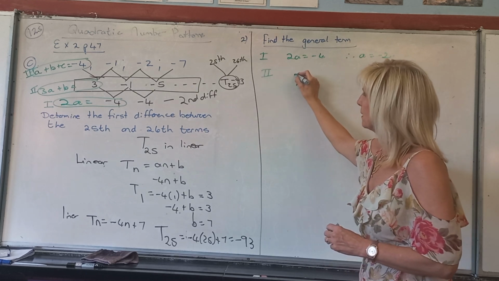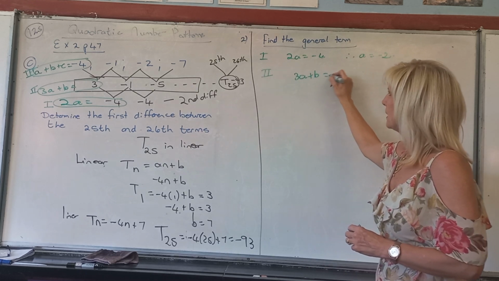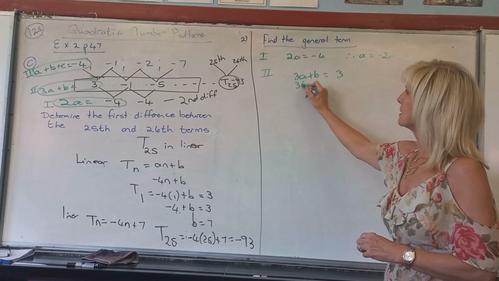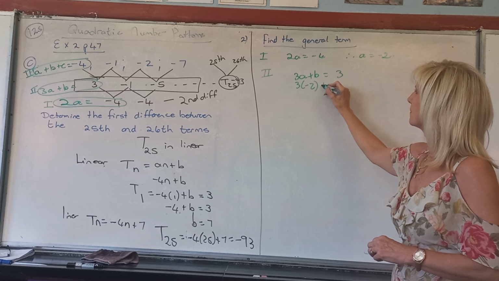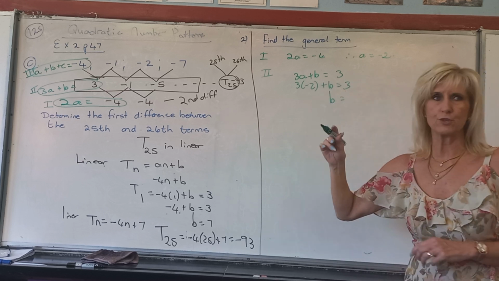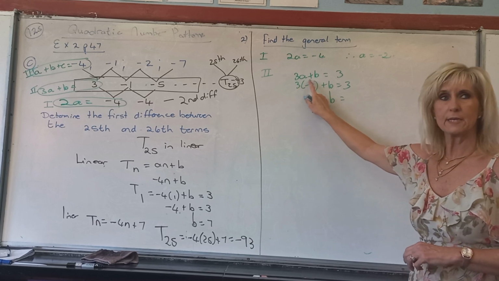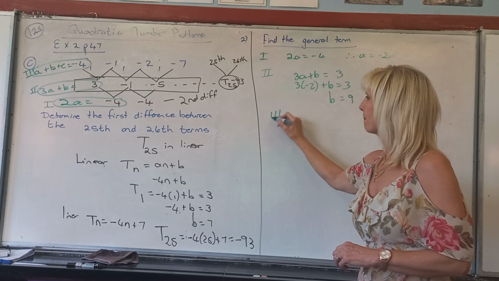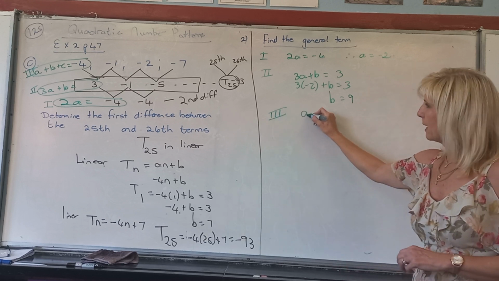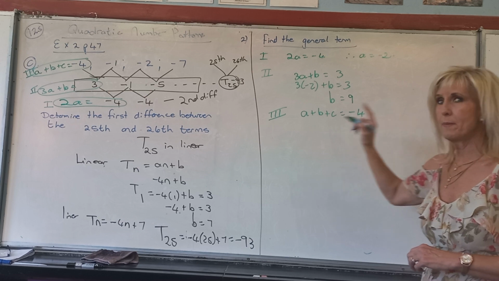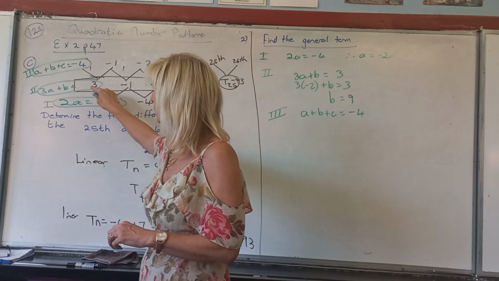Second equation, 3a plus b equal to 3. So a was negative 2. Correct? Yes, miss. So that b would be equal to, you don't have to show your steps, negative 6 there will become a positive 6, so that would be 9. Third step, a plus b plus c equal to negative 4. Remember, it can't be anything else than the first ones.